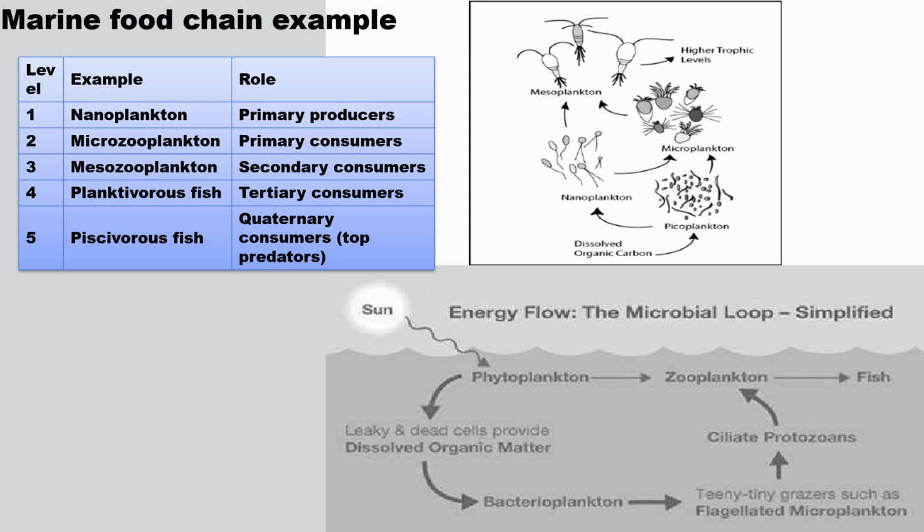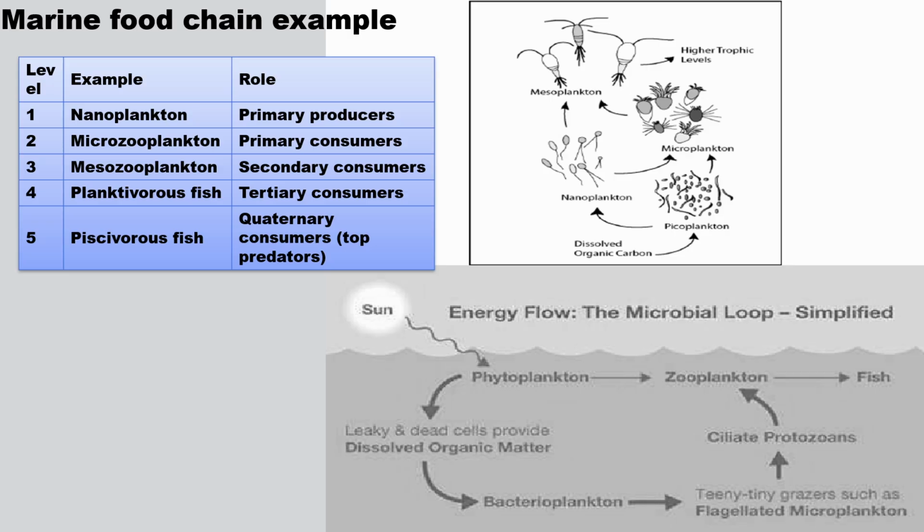Now, let's look at a marine food chain example, or you can say an open ocean food chain. This question often comes in CSIR NET exams. It was there in the June 2025 exam, and it begins with nanoplankton, the tiny primary producers.